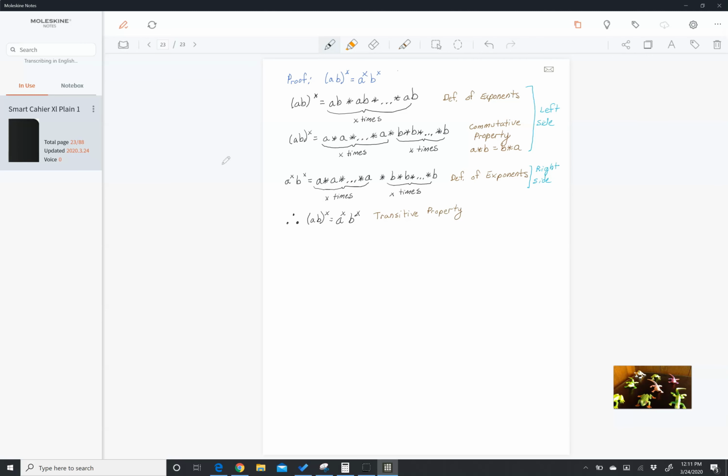Okay, transitive property is essentially saying C equals D and K equals D. So C is equal to K, if that makes it easier for somebody to see. Okay, it's just that two things are equal to the same thing, therefore they're equal. And then because we're done with our proof, we can just write QED.